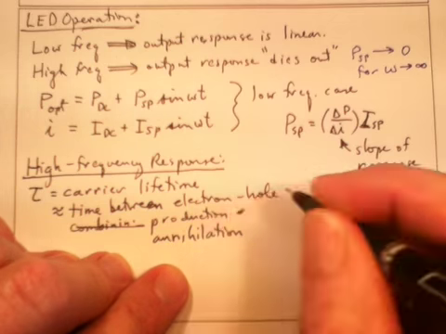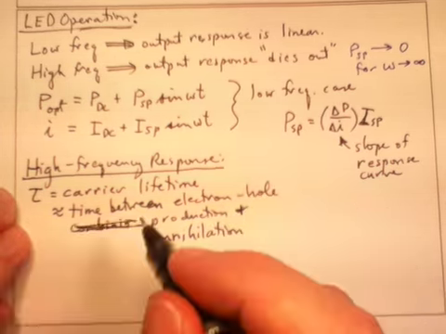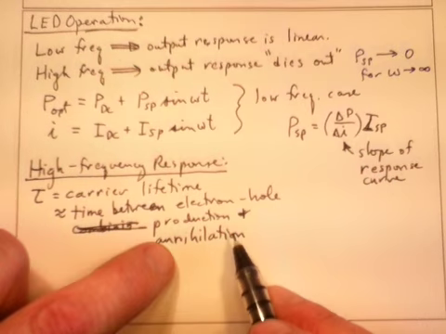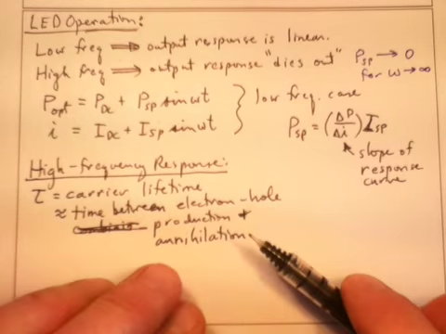Sorry about that. Okay, so this is the time between when the electron and holes are produced and when they annihilate one another. And the photon is produced when they're annihilated.